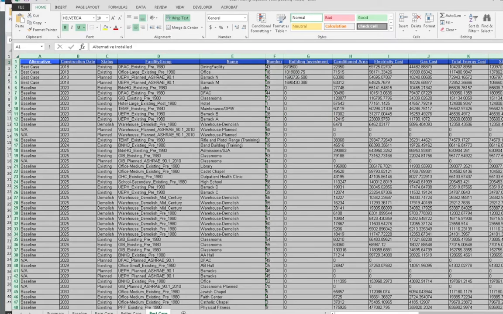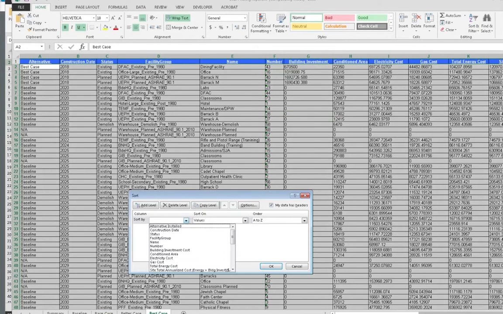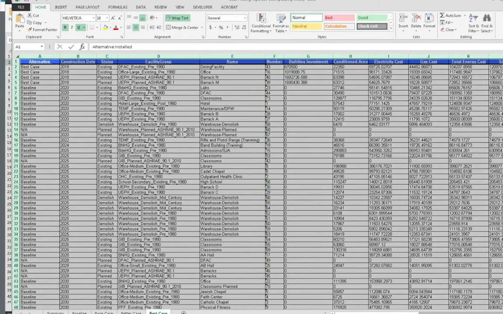Let's take that and let's look at the sort, custom sort. Let's do it by construction date. And we go back there, and here we see the investment here to pick those up. Now, this investment is that delta investment. Once again, it's that delta investment over and above. So in this building here, for this retrofit, we spent $670,000.